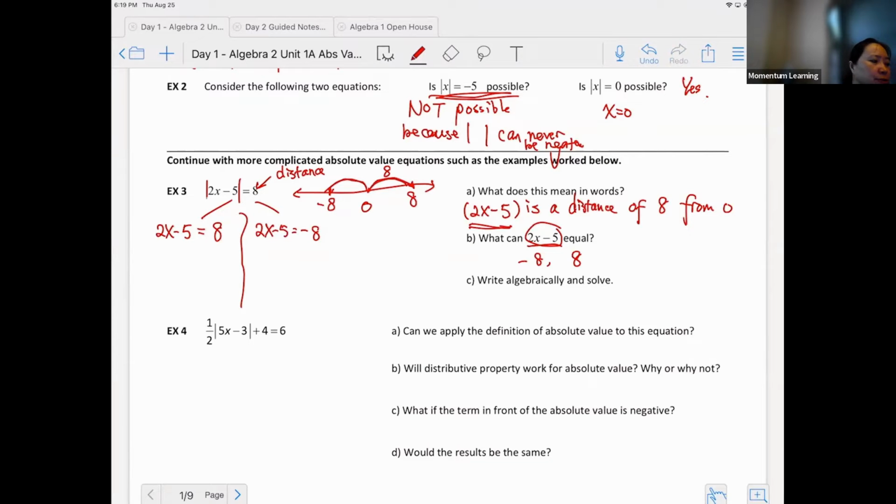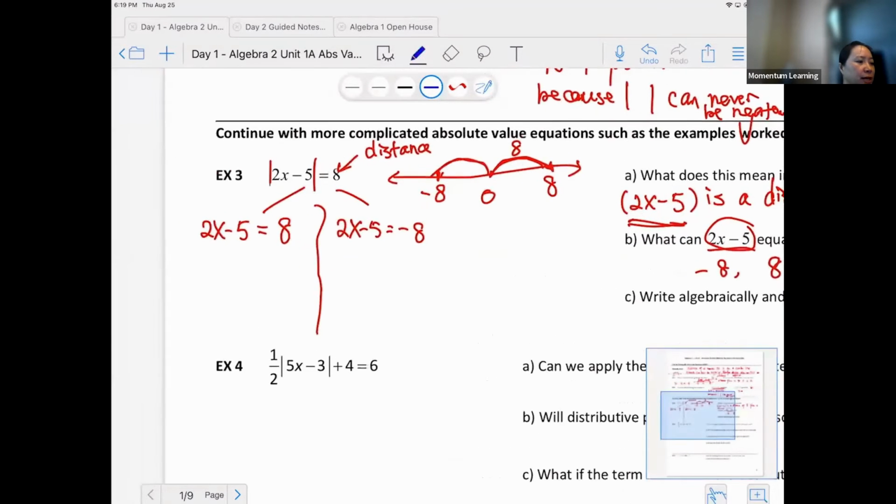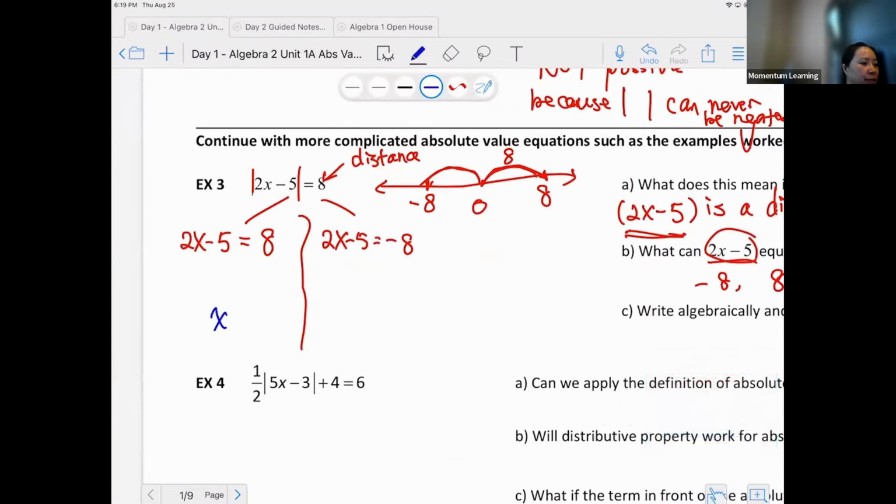So I'm going to go over the one on the left side, and then we'll let you practice on the right side. When I have 2x minus 5 equals 8, I need to solve for x, which means x by itself. I need to isolate x. So I need to get rid of everything around x: this 2 and also this minus 5.